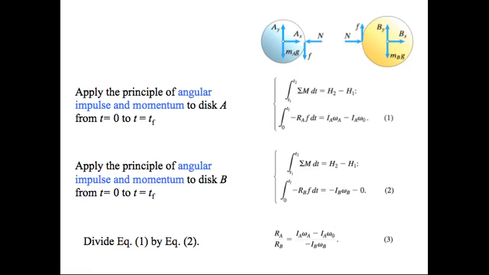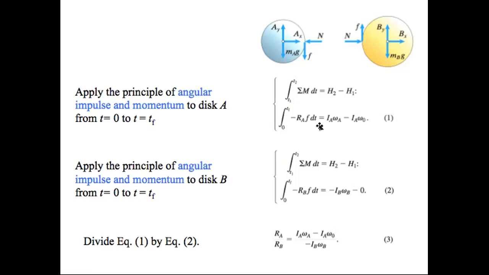By applying the principle of angular impulse and momentum to disk A from time 0 to time tF, the time that slip stops, this friction force makes angular momentum at the center of disk A, but as you can see, this one is clockwise. For this reason, we have negative RA times F times dt.